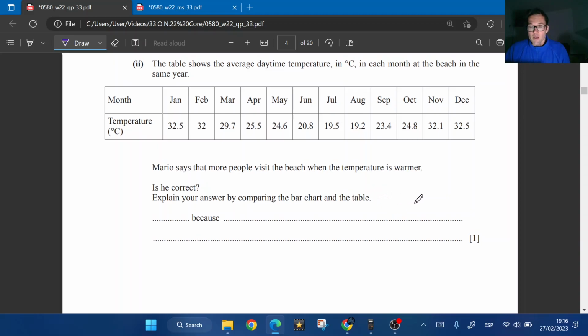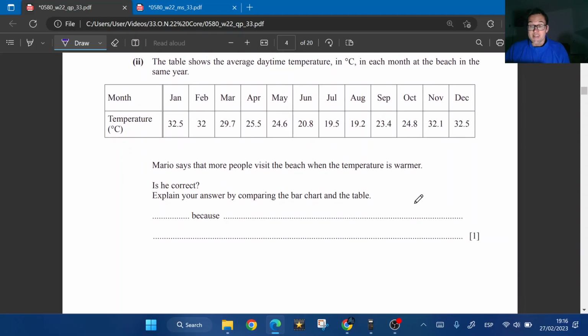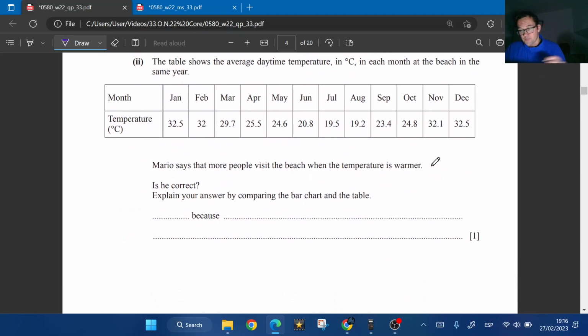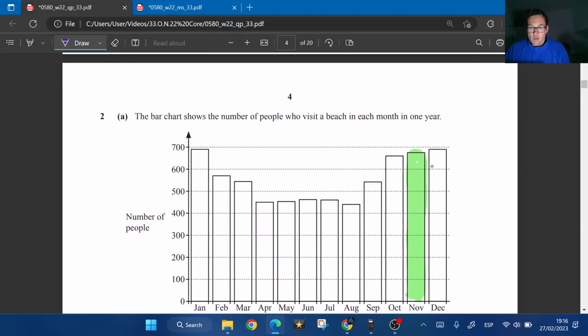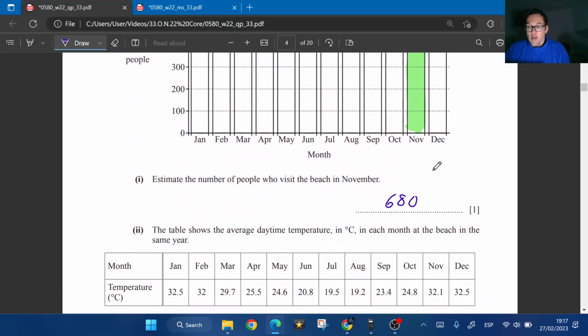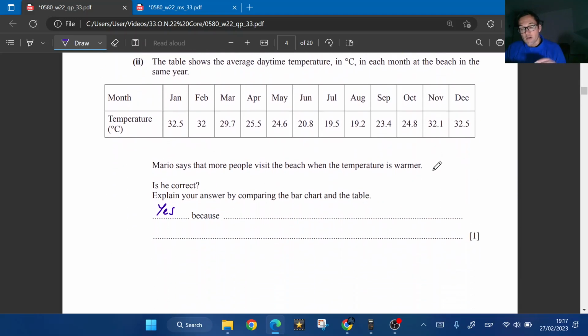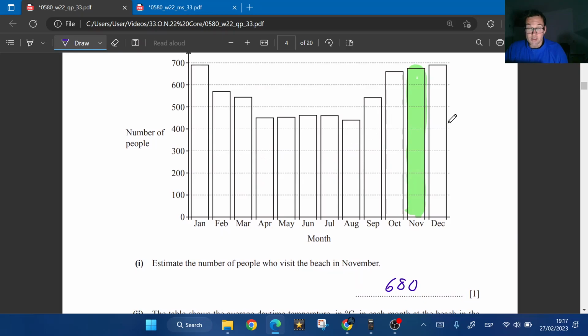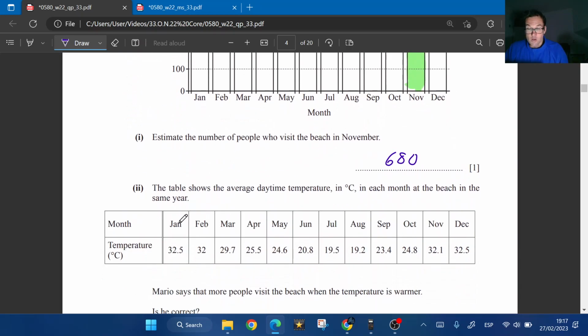Okay, so first you need to say, is he correct? Definitely yes, he is. So you start with yes. And then use specific numbers. The months of January and December is when most people visited the beach. This is also the hottest 2 months of the year.